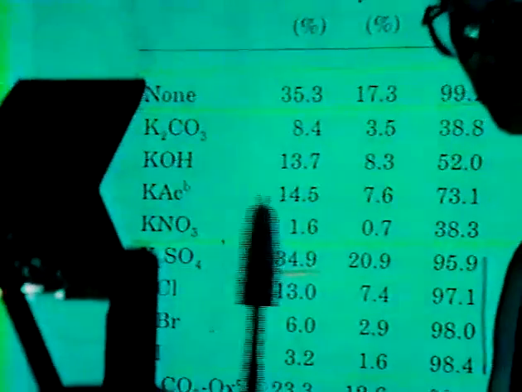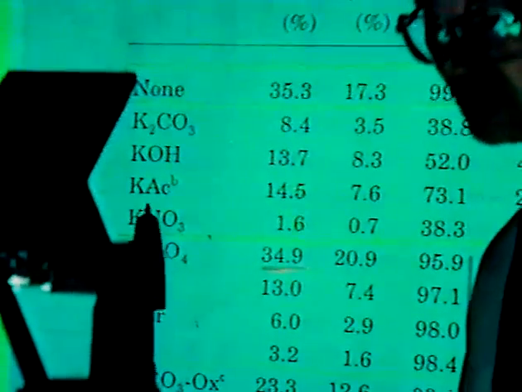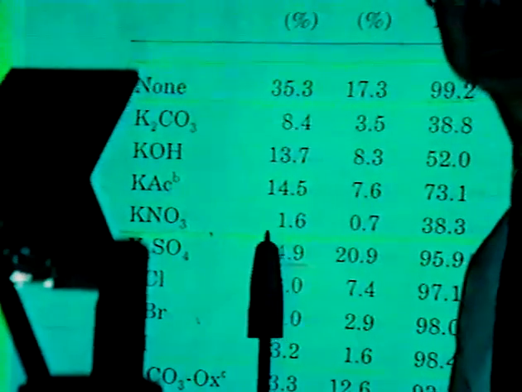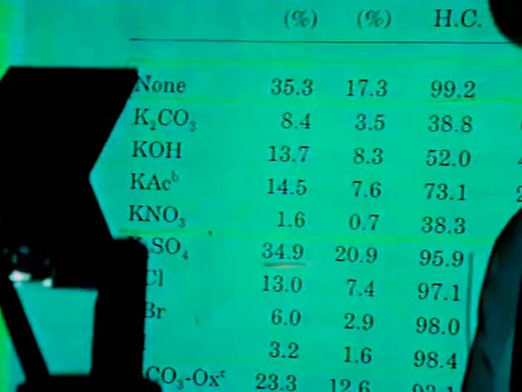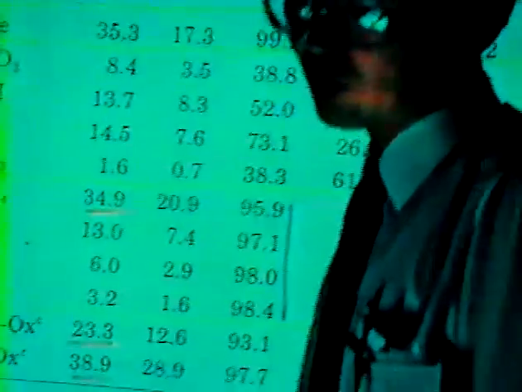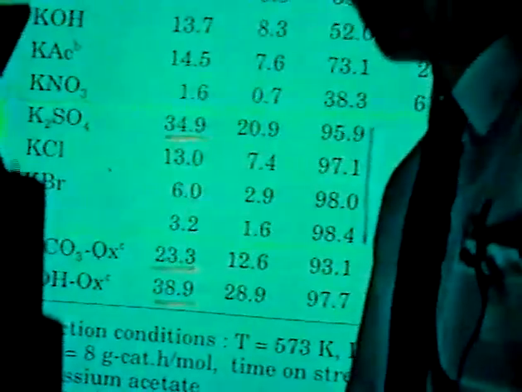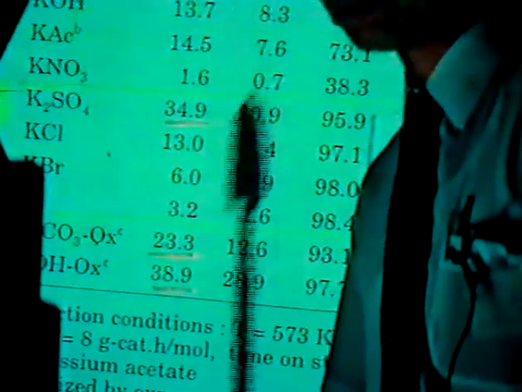If you add potassium carbonate, hydroxide, acetate, and nitrate to this catalyst, you now see a substantial decrease in activity and formation of alcohol with good selectivity. On the other hand, if you employ potassium sulfate and halogen compounds, you do not produce much alcohol and produce mostly hydrocarbons.